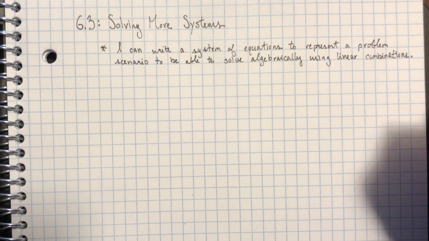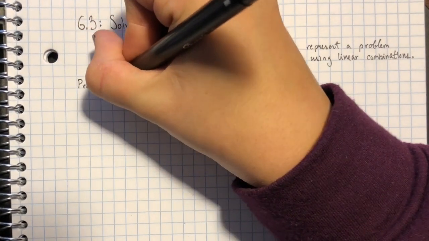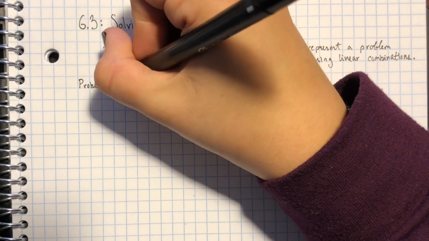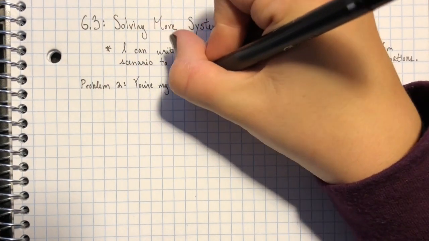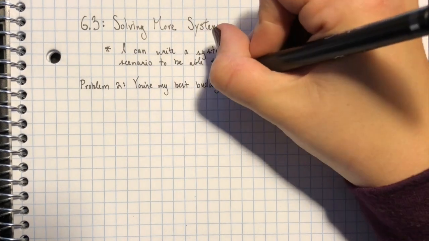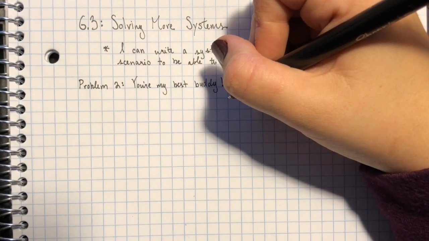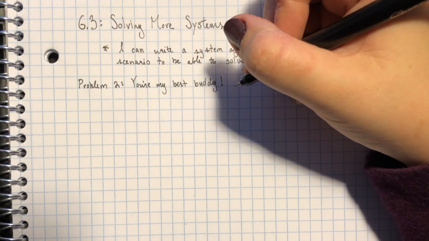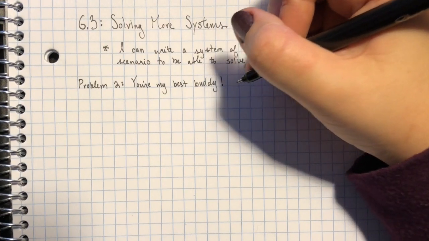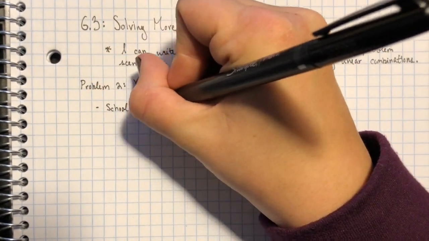So linear combinations is another method to solving for a system of equations. And essentially, when we think about linear combinations, we do that elimination method that we talked about in class.